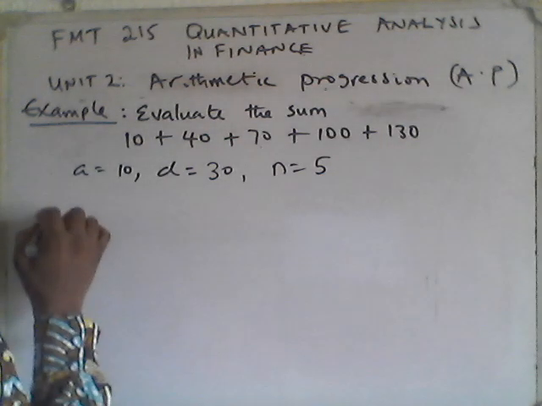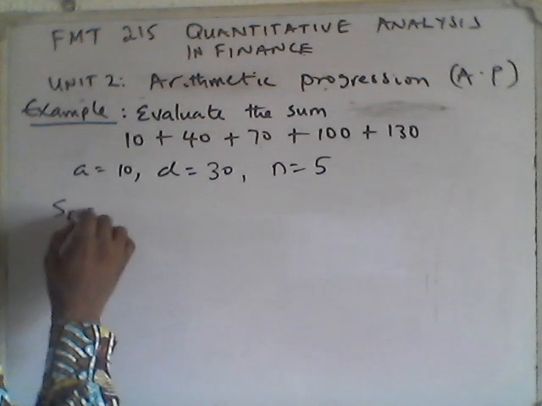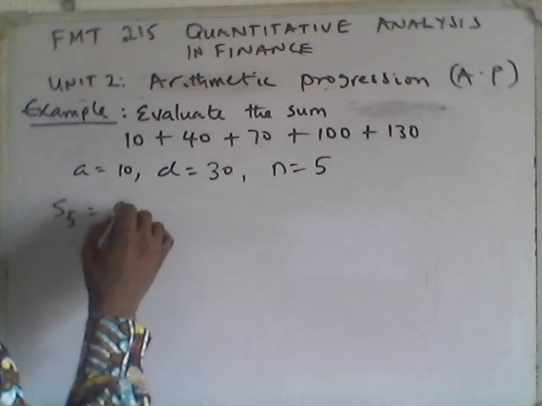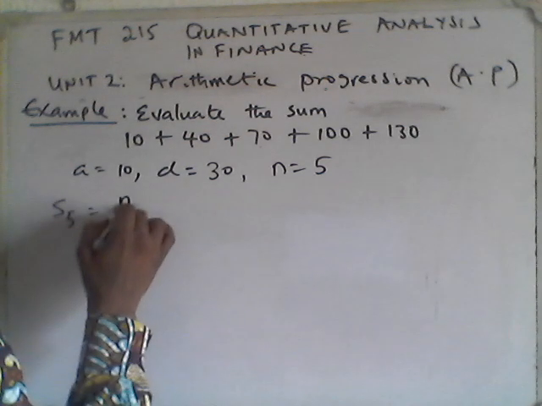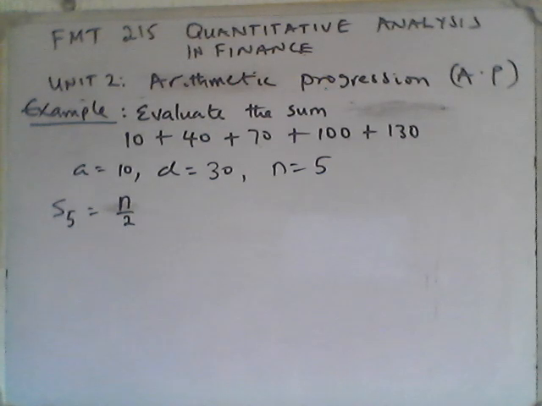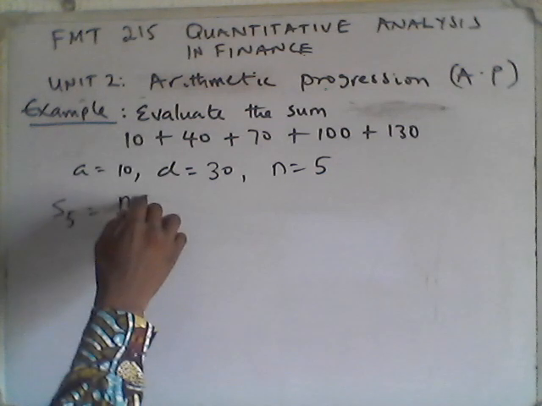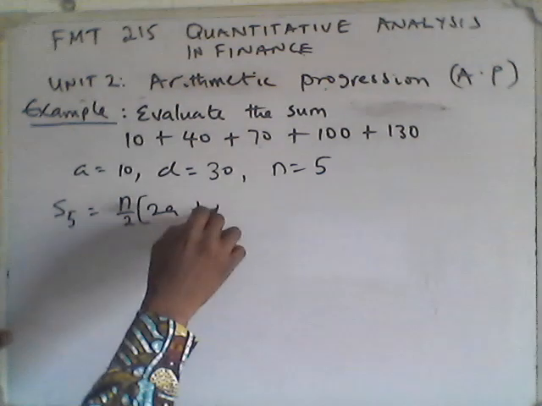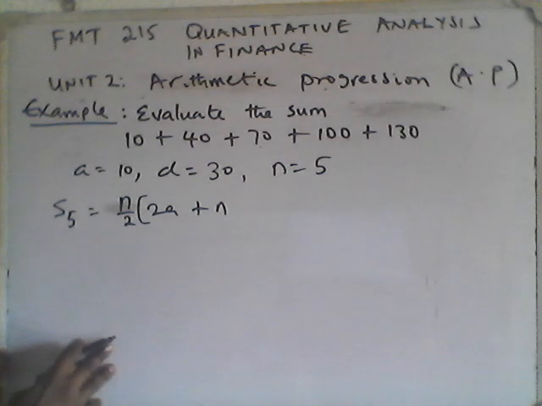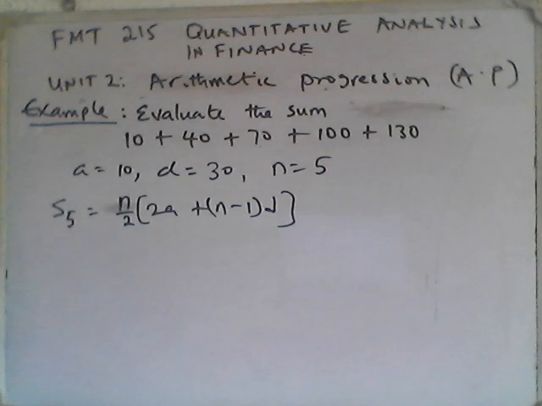So we have the sum of the first 5 terms, which is this. I have n over 2, open bracket, 2A plus n minus 1, then D. Okay, so this is the formula.